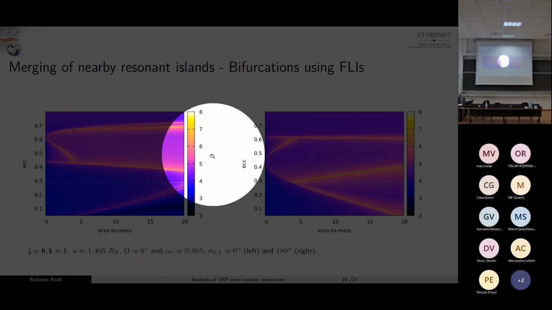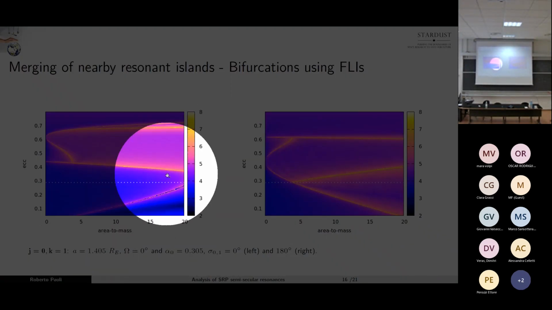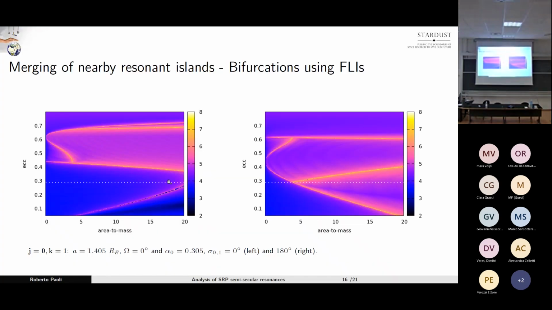But let me remark that in this case, we have this pretty weird behavior, this brighter curve, which is actually not a separatrix, but it highlights an issue with this model, which is often singular for a value of eccentricity equal to 0.